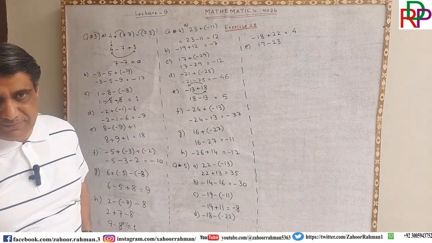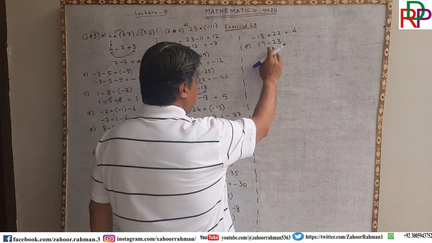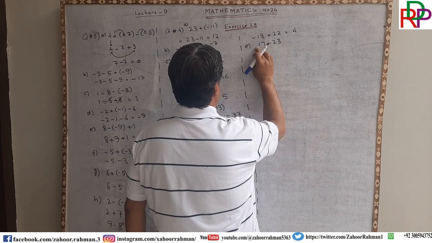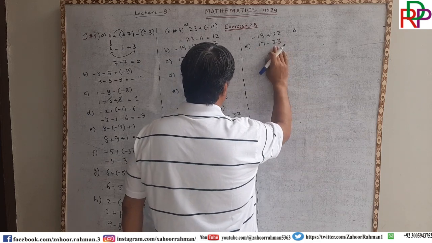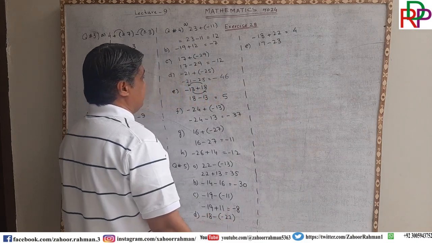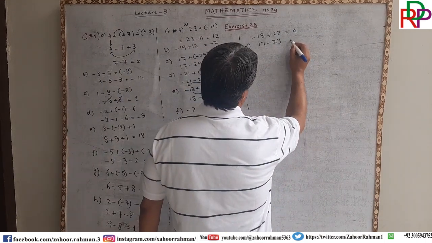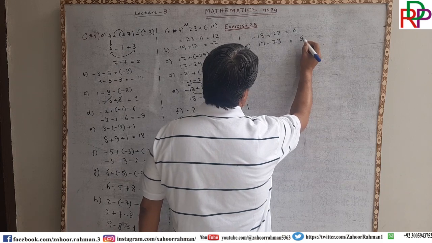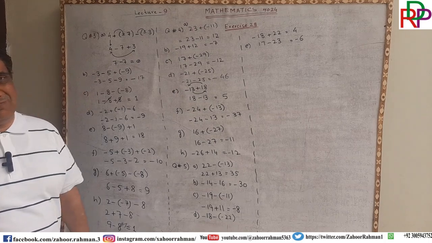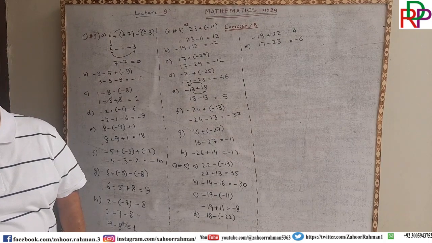No, it is not correct. 23 is negative and 17 is positive. So you have to subtract 17 from 23, which is 6, with the symbol of the larger number, that is minus 6.